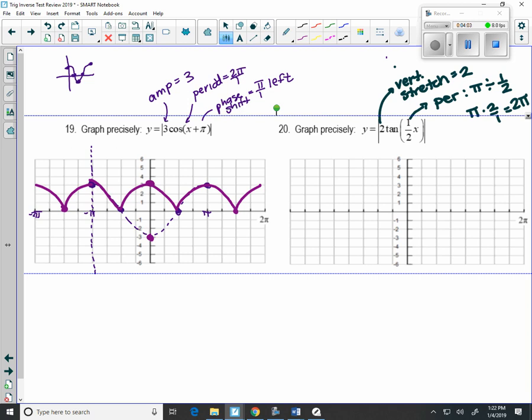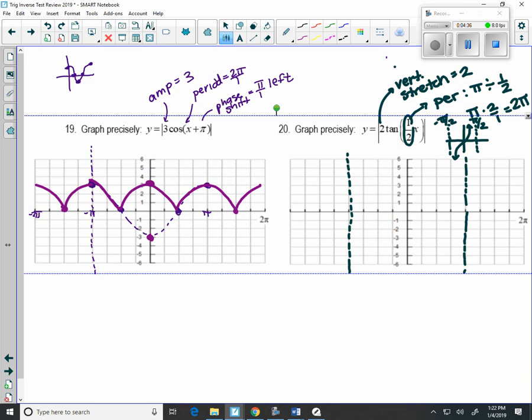Now, remember, tangent is centered on the y-axis. So usually we have asymptotes at negative pi over 2 and pi over 2. And our guy looks like that. So if we're doing a horizontal stretch of 2, we're going to move those asymptotes out from pi over 2 to pi, and from negative pi over 2 to negative pi.